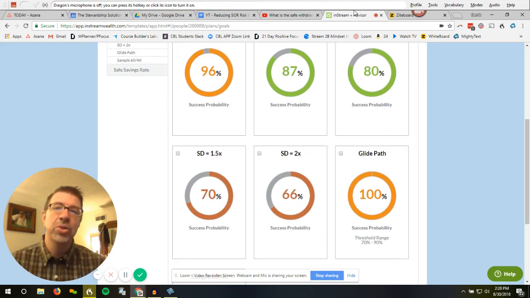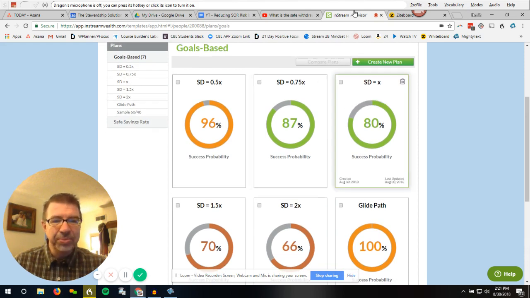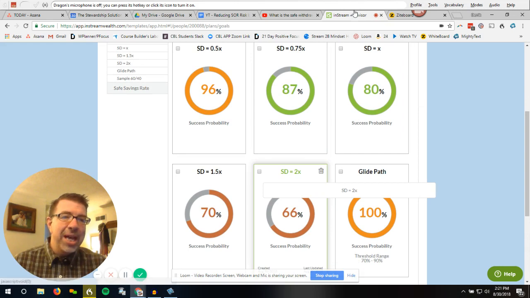Then we went back and asked, what if we didn't change the rate of return at all? The average rate of return, we're going to keep it at 7%. What would happen if we adjusted the actual volatility, or the standard deviation? We did that in a couple of different ways. What if the standard deviation is twice the average return? So if the average return is 7 and the standard deviation is 14, what's the outcome?